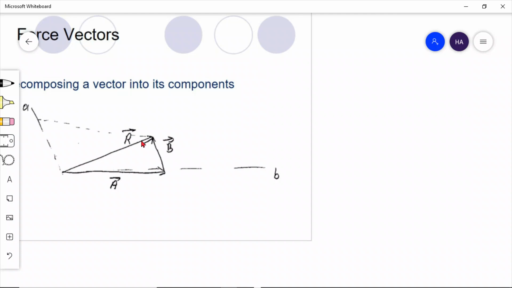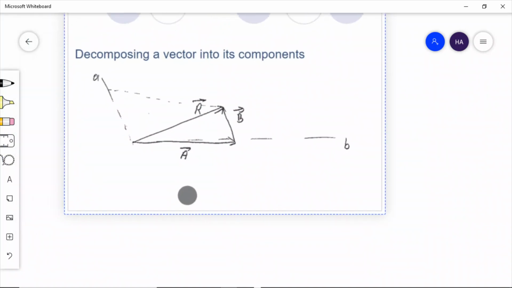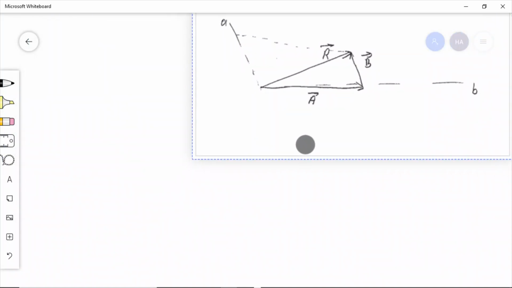So this is how I decompose a vector into its components.